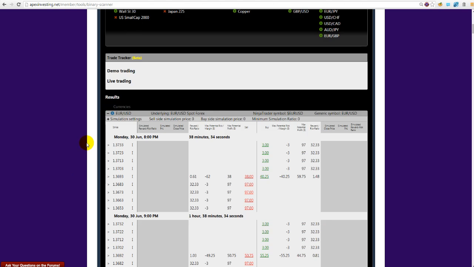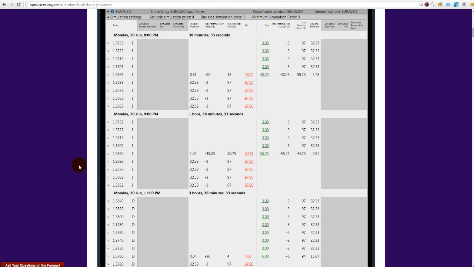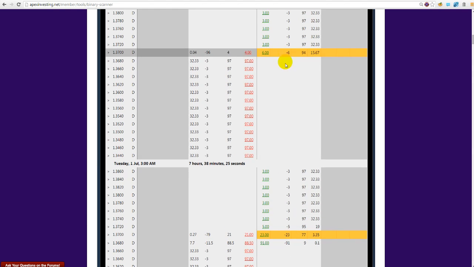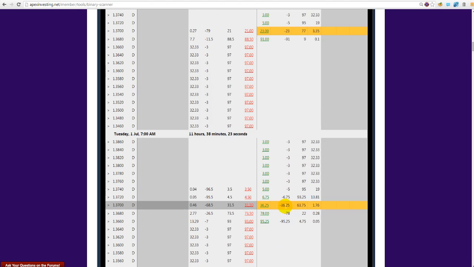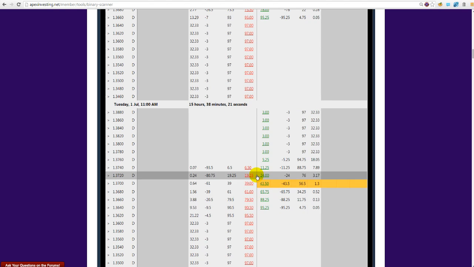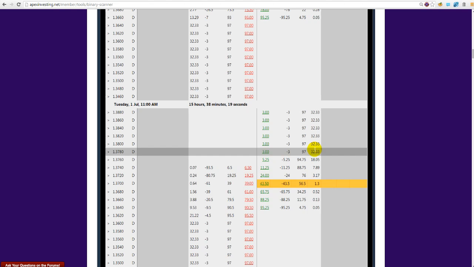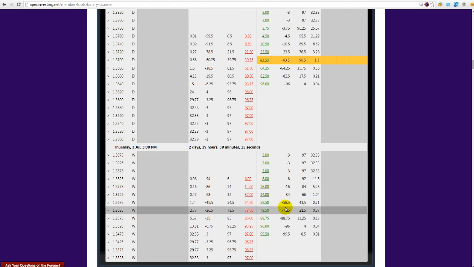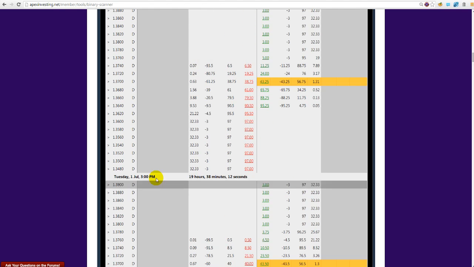So if I go over here and I choose, say, euro dollar, to see if I can give you an example. There's 3,700 strikes at several expirations. What I want you to see on this is, okay, this has 19 hours left, and the 3,700 expiration for 3 p.m. tomorrow is 43.50.